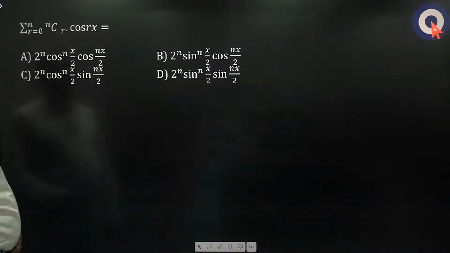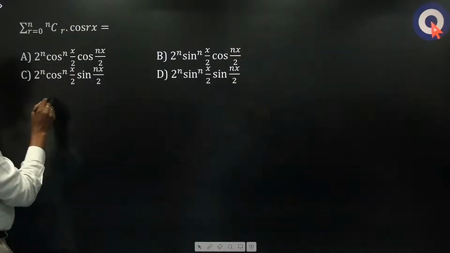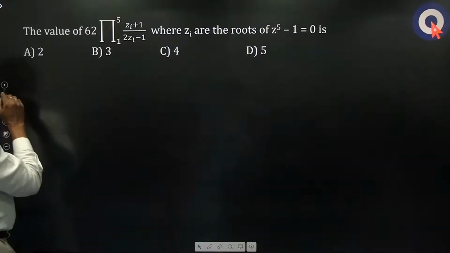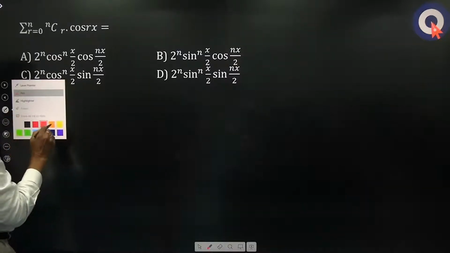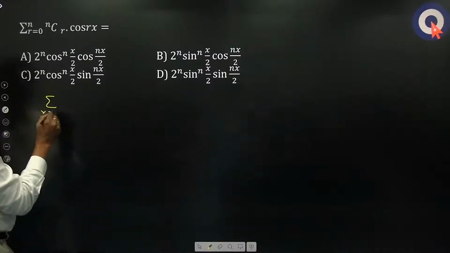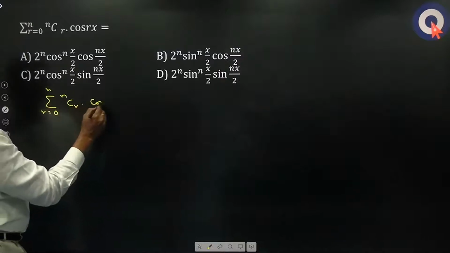Sigma r equals 0 to n nCr cos rx. Let us see. We can write this as sigma r equals 0 to n nCr into cos rx.